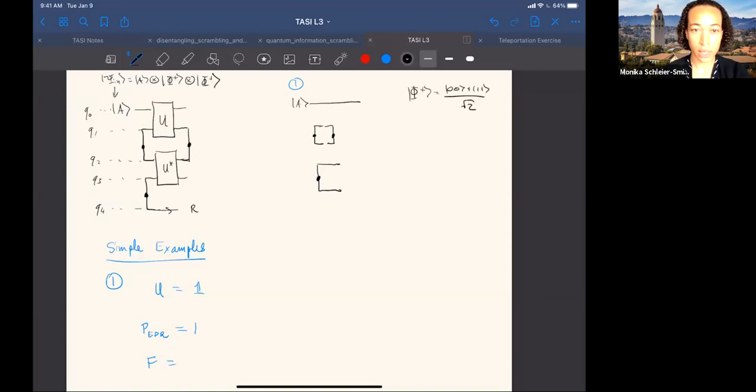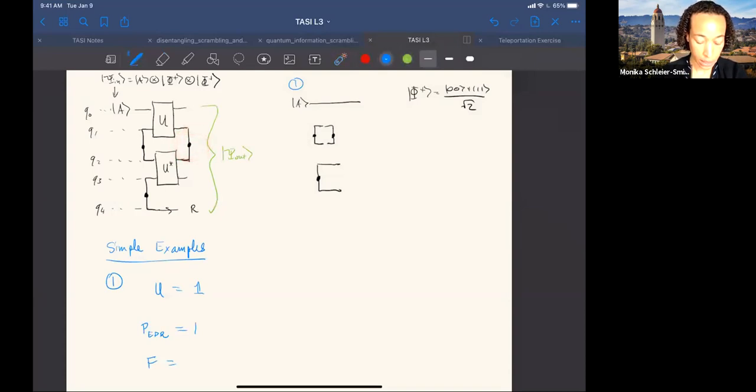And then we can ask what is the fidelity of teleporting Alice's qubit, if at the end the system is in some output state. Let's call this psi out. Let's say psi out is a normalized state, conditioned on doing this projection, the state at the end of all of this.